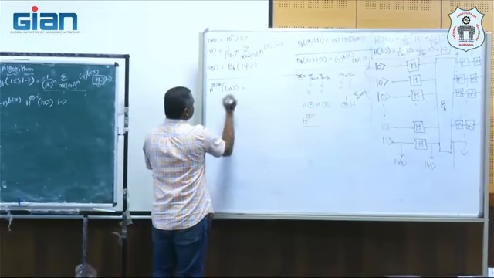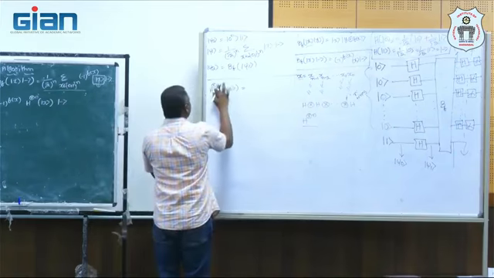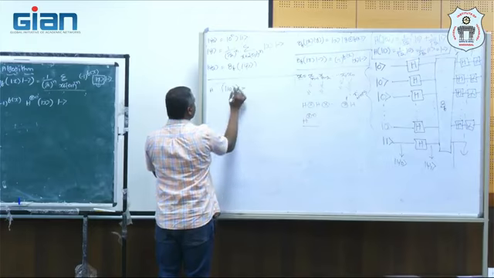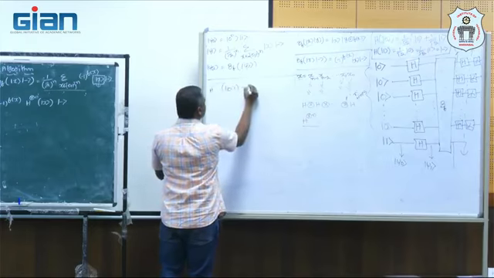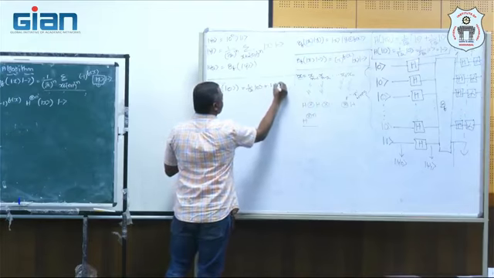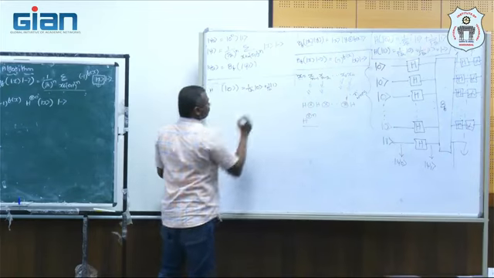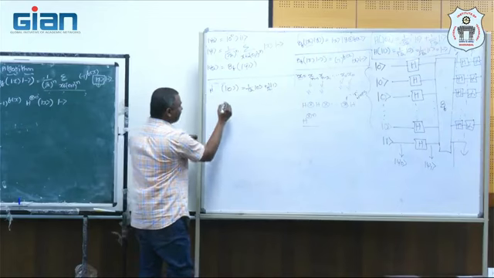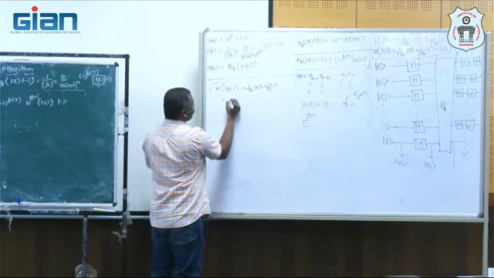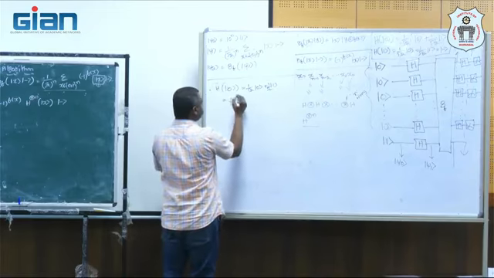Let us calculate for 1 bit, which is same as simply H. We know that this is 1 by root 2 ket 0 plus ket 1. Is that okay? The same thing I can also write it this way, no? 1 by root 2, 1 by root 2.